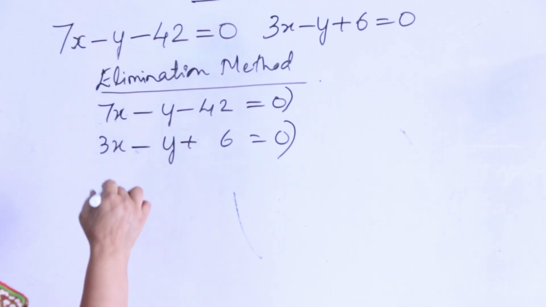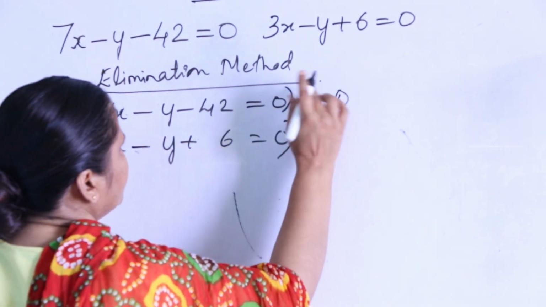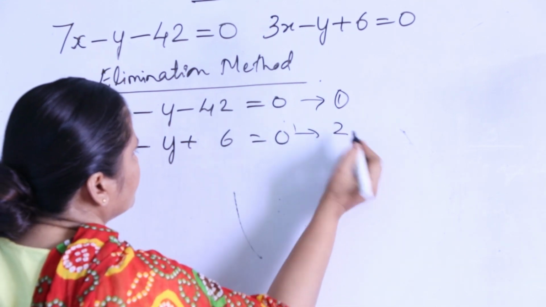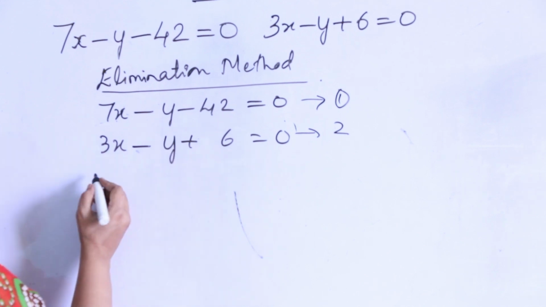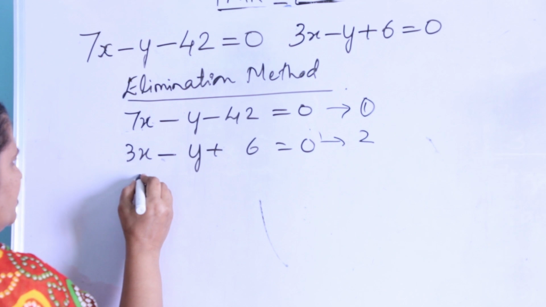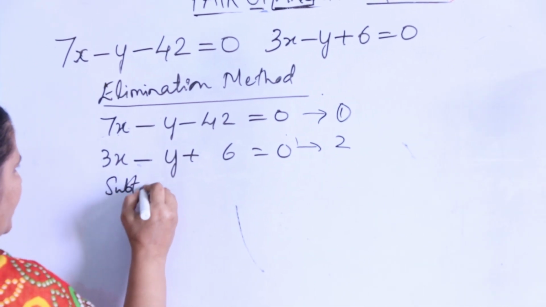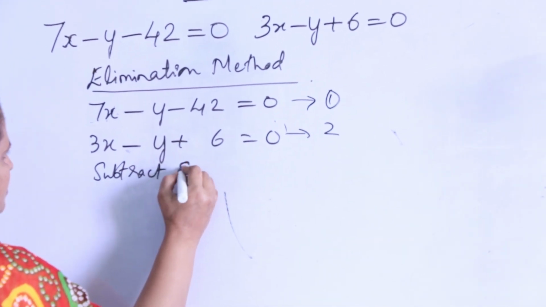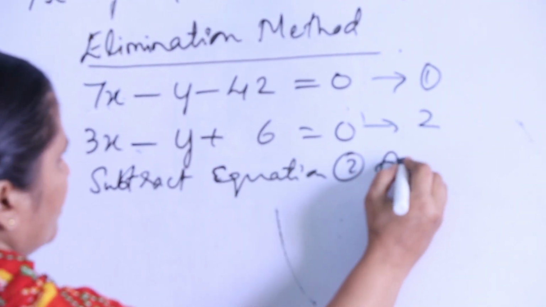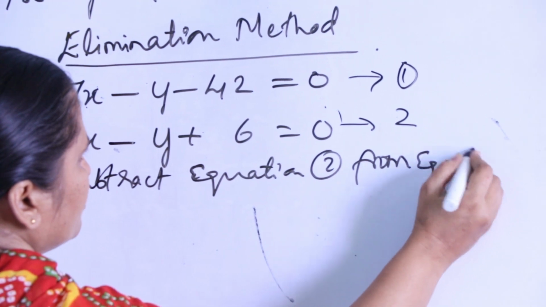What we have to do is, this is equation 1 and this is equation 2. Here we have to subtract equation 2 from equation 1. So you say subtract equation 2 from equation 1.